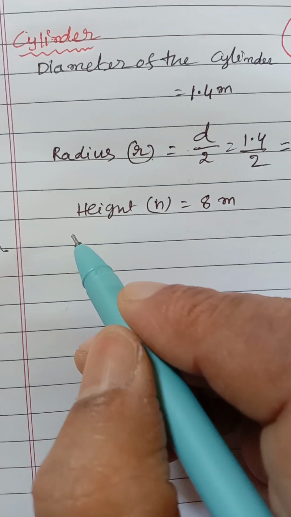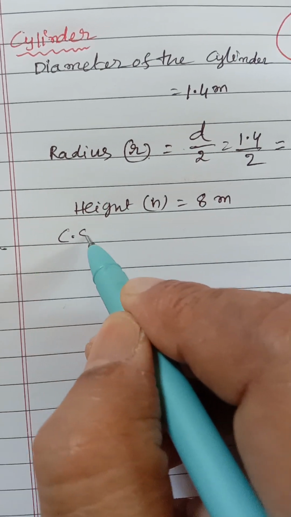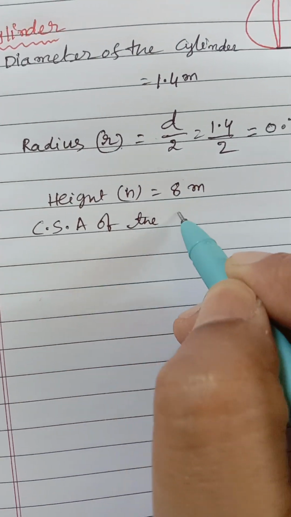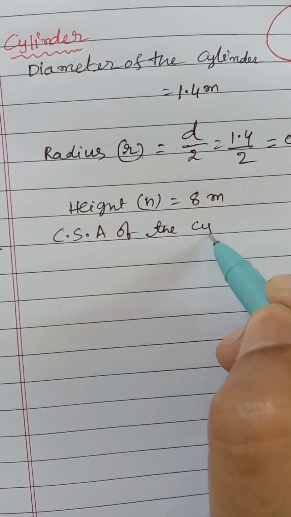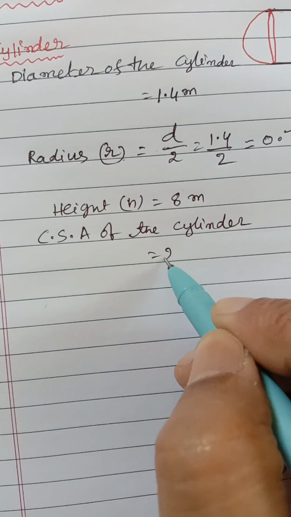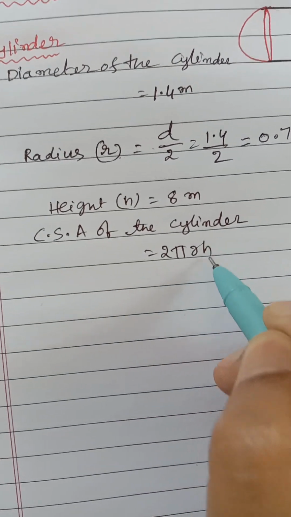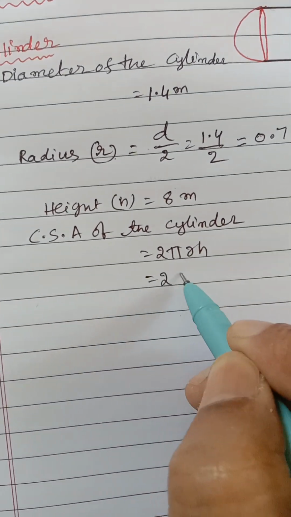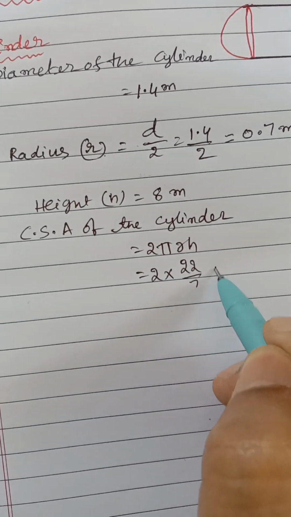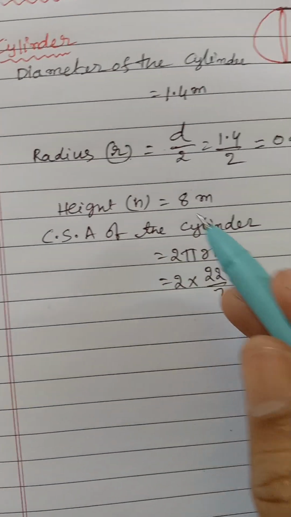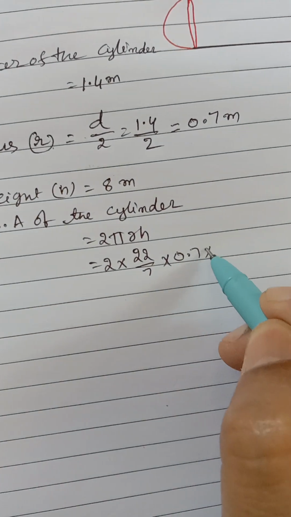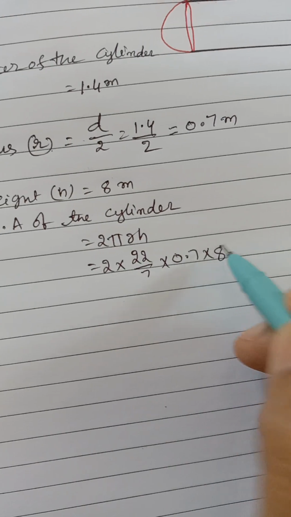Curved surface area of the cylinder is equal to 2 pi r h, which is 2 into 22 by 7 into radius 0.7 into height 8.